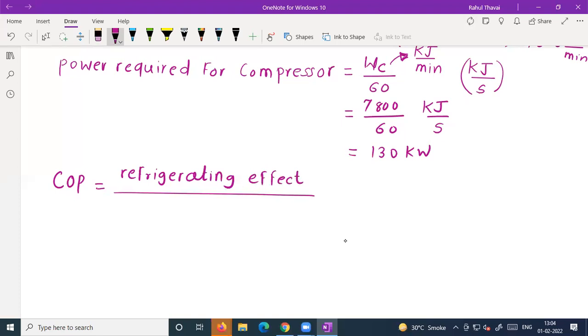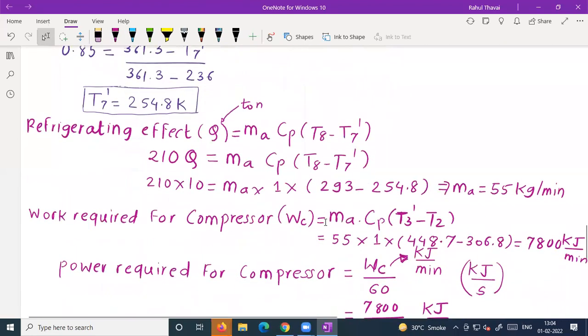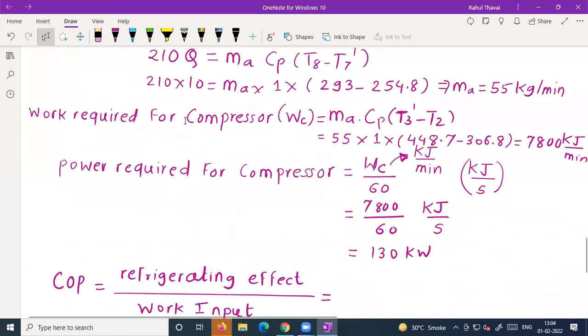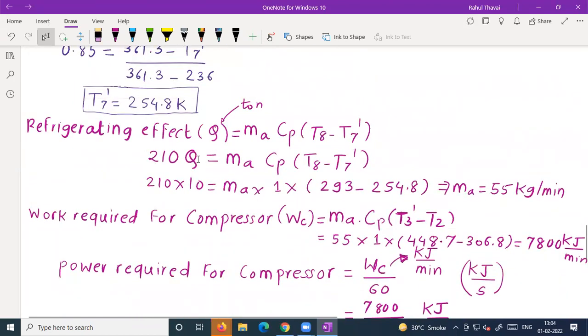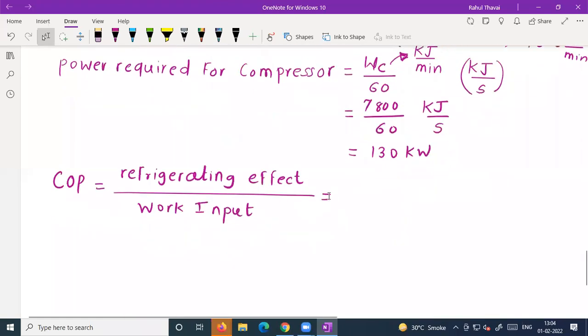Now, how to calculate COP? COP is given by the refrigerating effect upon work input. How do you calculate the refrigerating effect? It is nothing but 210 into Q, divided by the work input.